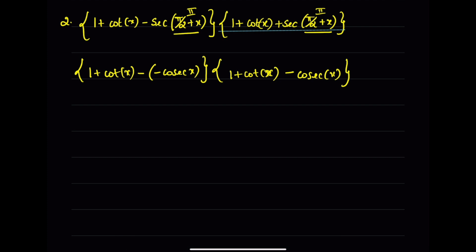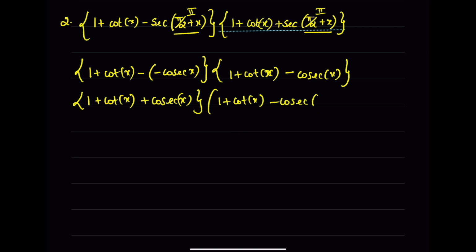Now this can be further simplified to 1 plus cot of x plus cosecant of x times 1 plus cot x minus cosecant of x.